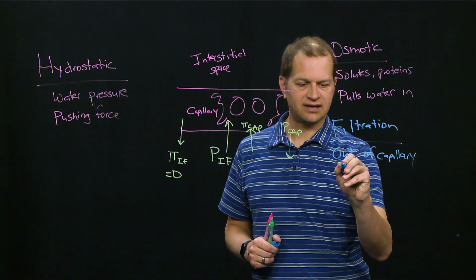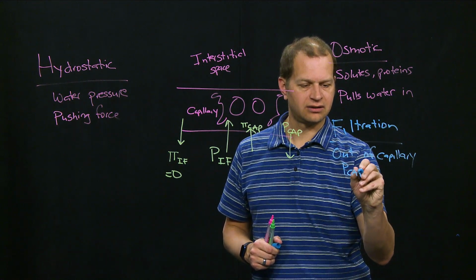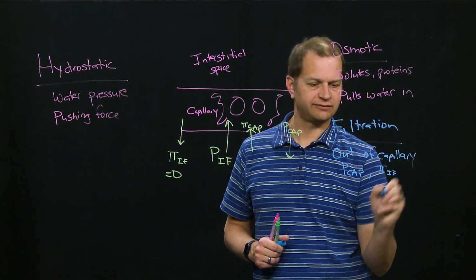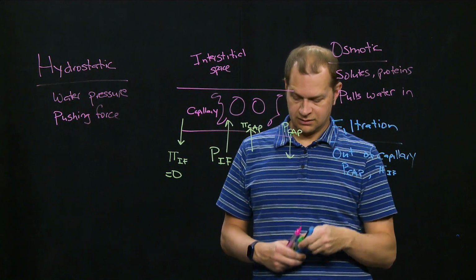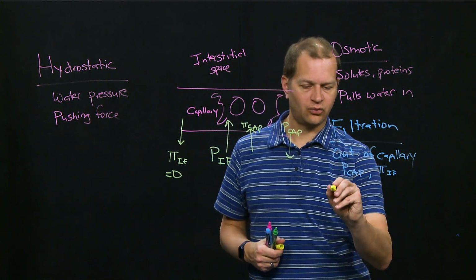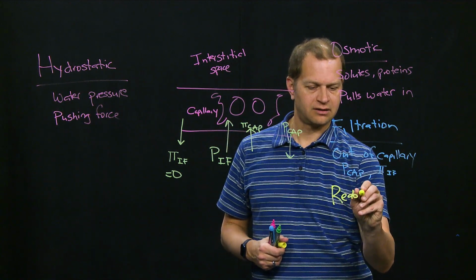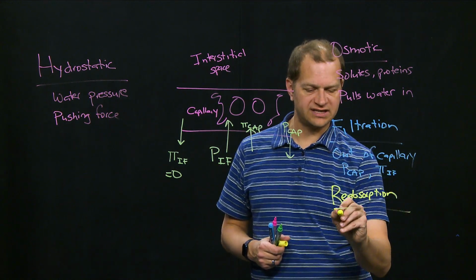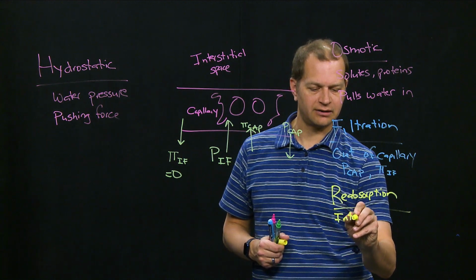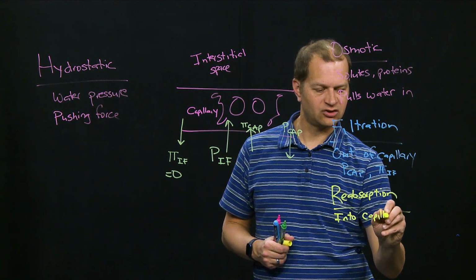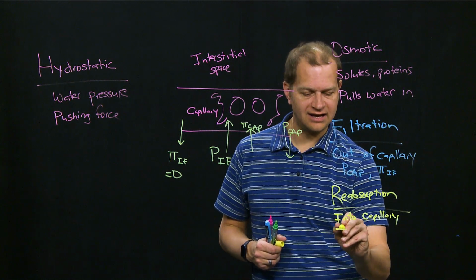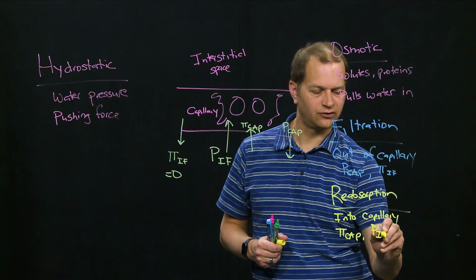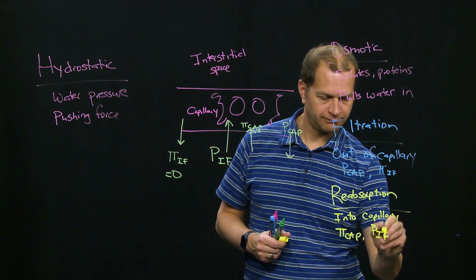The answer is hydrostatic capillary pressure as well as osmotic interstitial fluid pressure. Then the other ones that we've got are what we call reabsorption forces. These are the exact opposite. With reabsorption forces, it's fluid going into the capillary. Here we've got osmotic capillary pressure as well as hydrostatic interstitial fluid pressure.